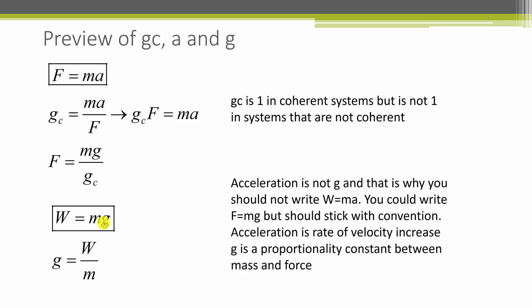You're not accelerating, yet your weight still is equal to W equals m, your mass, times the gravitational constant. So just be aware of that point. They're handled pretty much the same in practice, though. g you can think of as just a proportionality factor between weight and mass.